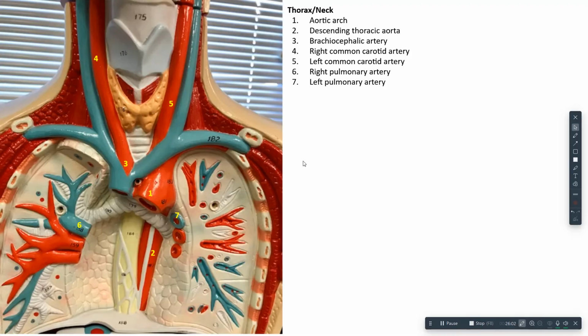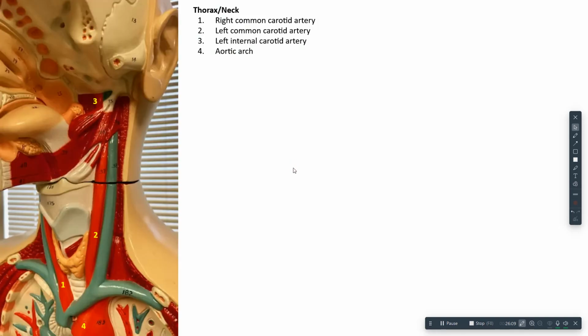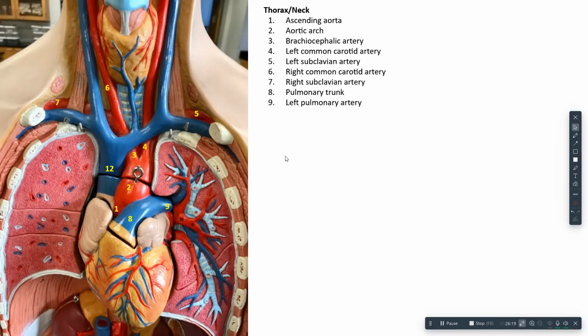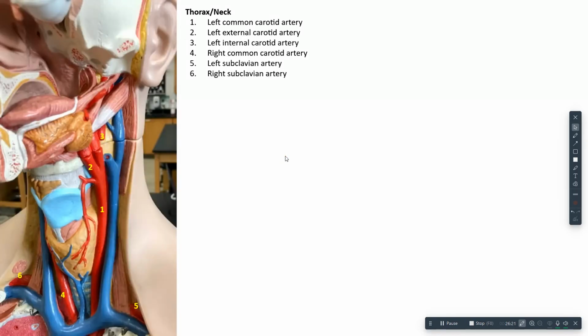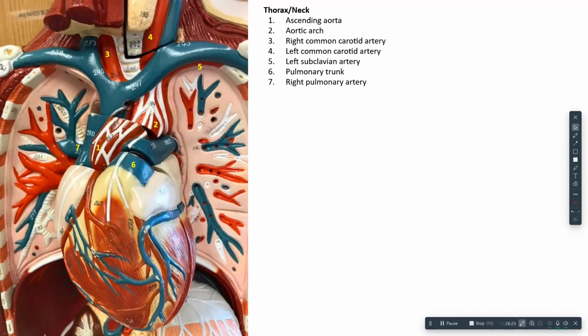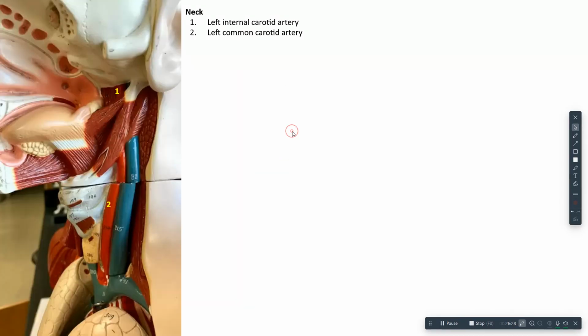And then I switched models here to go through this, looking at all of these guys as well. Got the neck here. I like this guy because I can see the internal carotid artery here. Got the abdomen here. Got the thorax of a brand new model. Neck of a new model. Abdomen. Switched models again for a thorax and a neck.